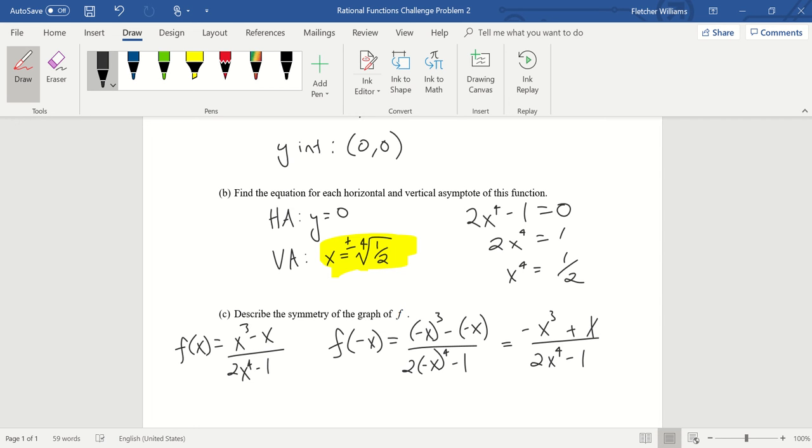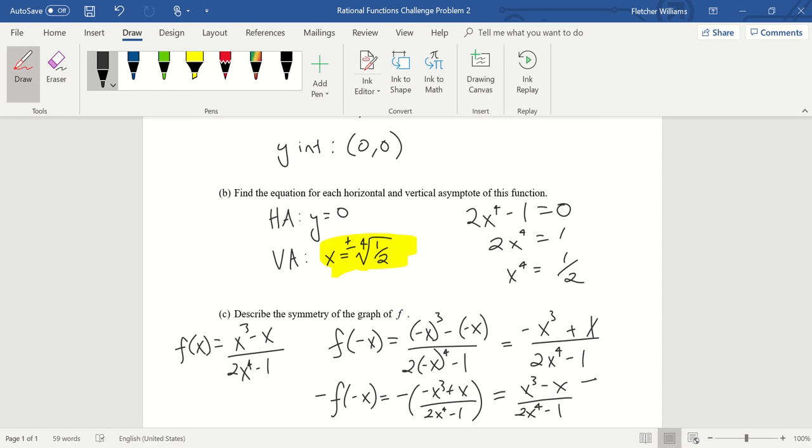But negative f of negative x, that would be just putting a negative in front of all of this. You can either distribute it to the numerator or the denominator, not both, right? If you did it to both, that'd be like you're multiplying by negative 1 over negative 1, which is 1. But you're just multiplying by negative 1 over 1. So just put it to the numerator, and you see that you get x cubed minus x over 2x to the fourth minus 1.